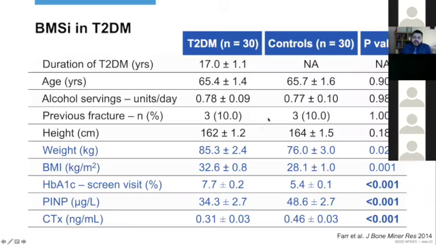This is a pilot study, 30 diabetics compared to 30 controls that we looked at here. They were well matched for age and height, but BMI and weight were higher in the type 2 as expected. They had a higher A1C and a decreased turnover of the bone.